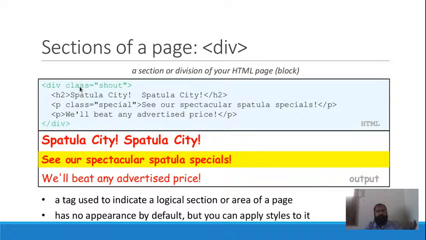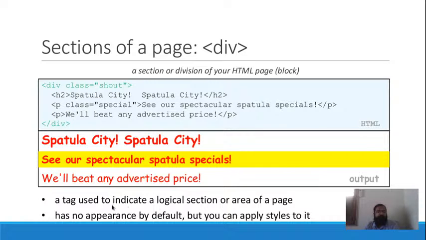Because it is using the class shout, the h2, p and the p will get these renderings, and since the second p, instead of using only shout, uses special also, you can see it is in shout and special with the yellow background.